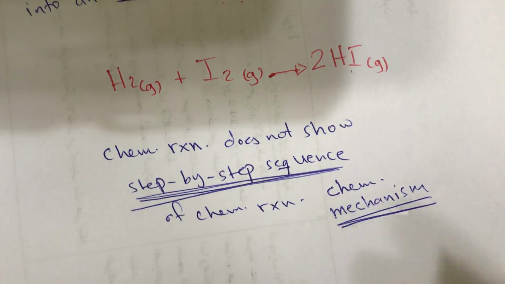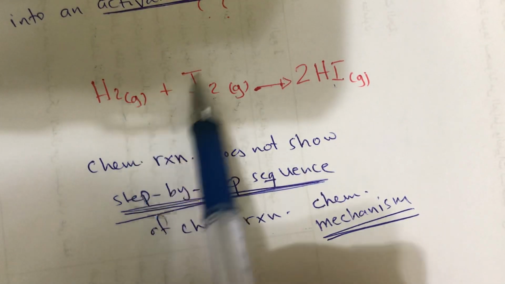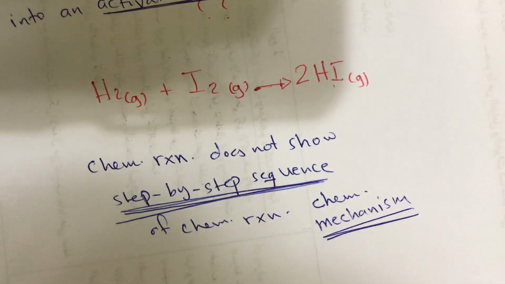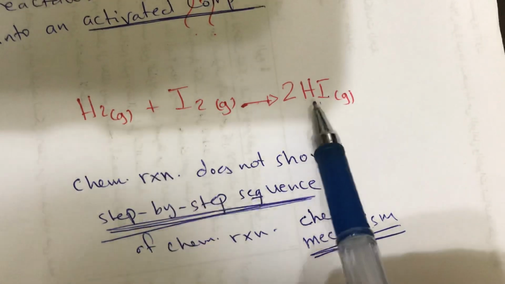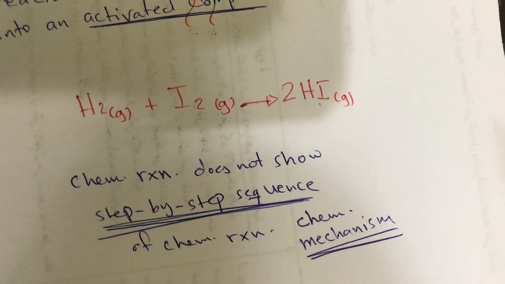Again, if you have any chemical equation, it shows just the reactants and product. This reaction does not occur as simply as shown.